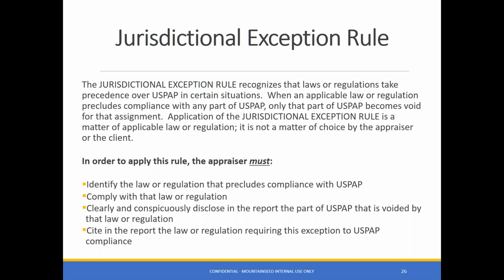However, I've heard people use the jurisdictional exception rule but not do it correctly. You still have to cite in the report the law or regulation that requires the exception to USPAP clearly and conspicuously, and basically let the reader know, hey, I couldn't follow USPAP here because it would violate this state law. The state law says this, and here's what I did to not follow USPAP and follow state law.